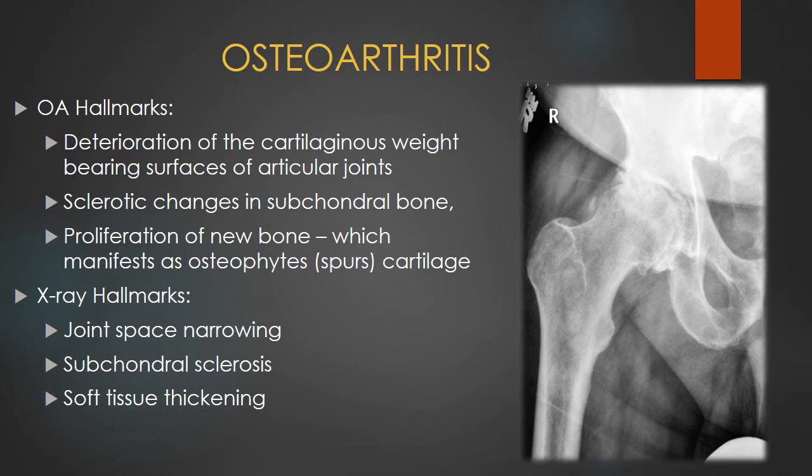So let's talk a little bit about synovial joints so that we're on the same page regarding osteoarthritis. And then once we have the anatomy established, we'll go ahead and go on to specific exercise recommendations for those patients with osteoarthritis.